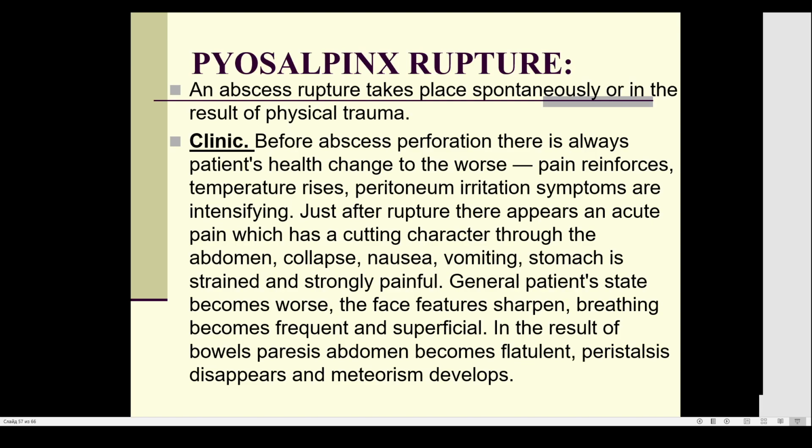The general state of the patient becomes worse. The facial features sharpen. Breathing becomes frequent and superficial. These are signs of intoxication again. As a result of bowel paresis, the abdomen becomes flatulent, peristalsis disappears, and meteorism develops.